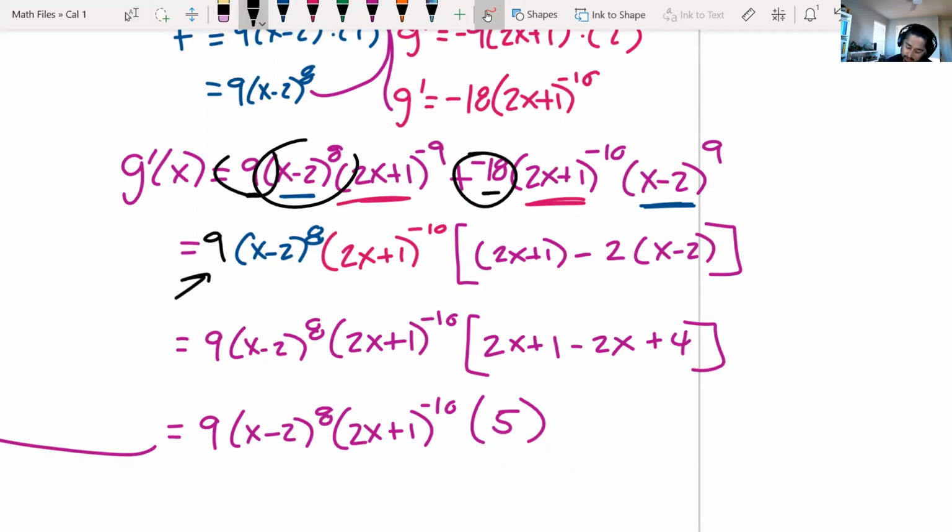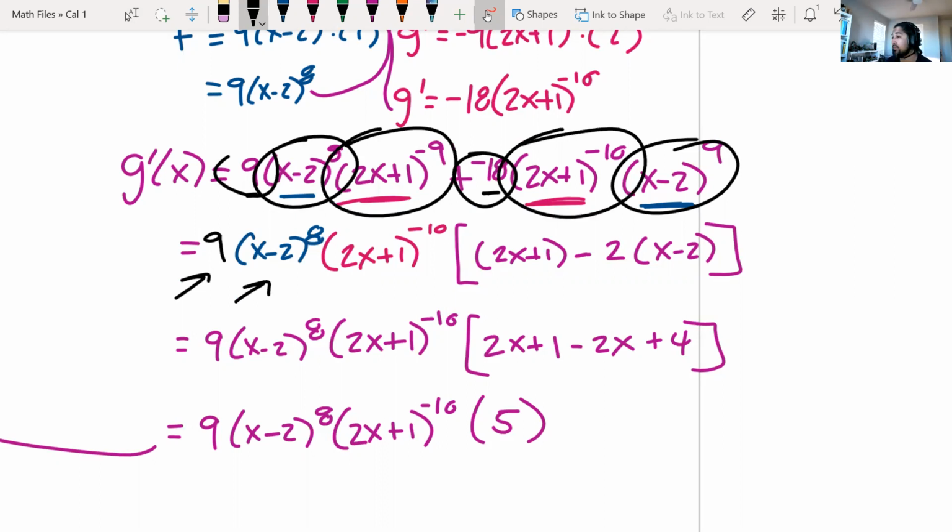And then from x minus 2 to the 8th, x minus 2 to the 9th, how many of those could I take out? You take 8 out. You always take out the smallest amount, right? Which is going to make sense for the next one. 2x plus 1 to the negative 9, 2x plus 1 to the negative 10. Which one's the smallest power? Negative 10, which I factor out there.